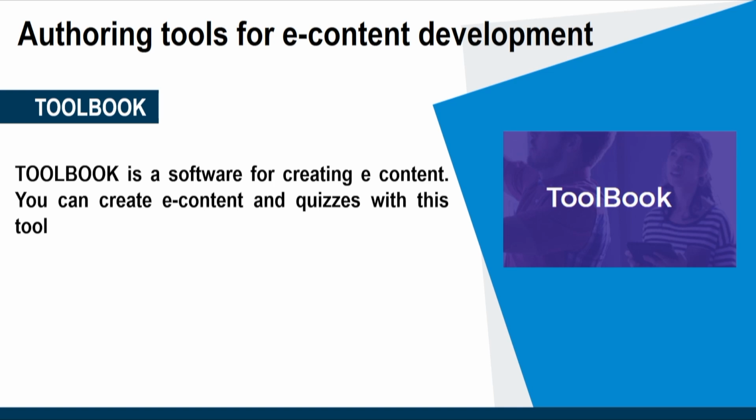For example, you can create images, objects, and text. Toolbook is a tool for creating books, because in each and every book we have pages. So with the help of Toolbook you can create the pages, and after that you will combine those pages, and that will become an e-book or e-content, and that e-content can be published through Toolbook.